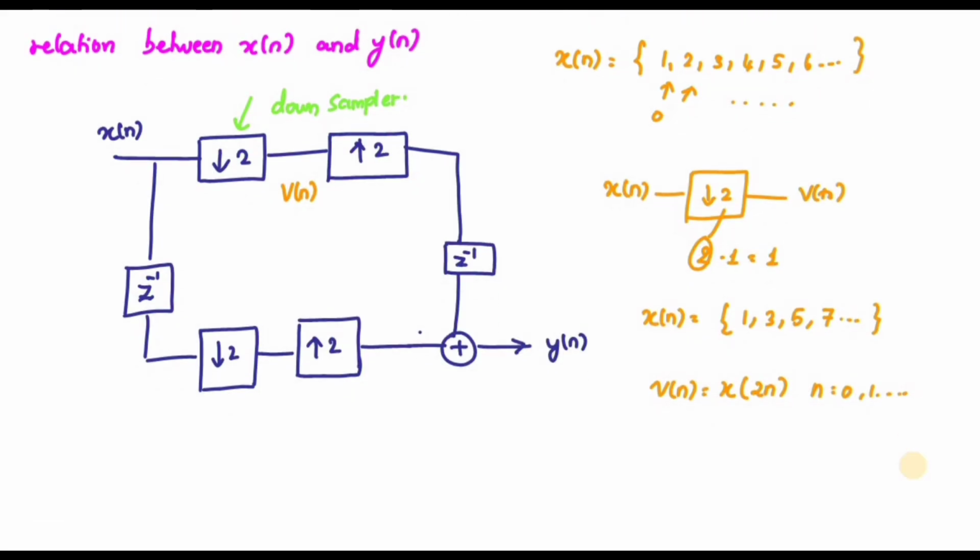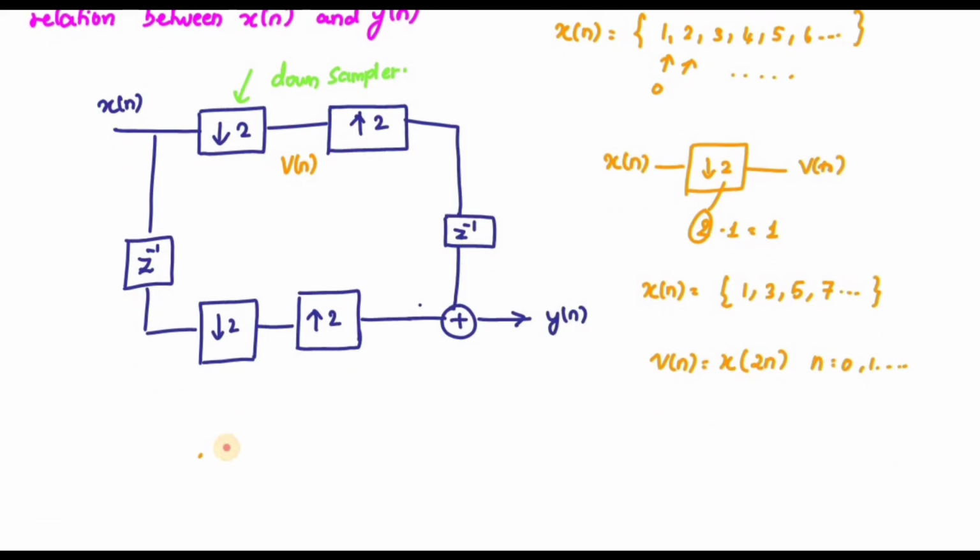After that, the v of n is applied to an upsampler. This is called upsampling, and I'm going to obtain the value of w of n.